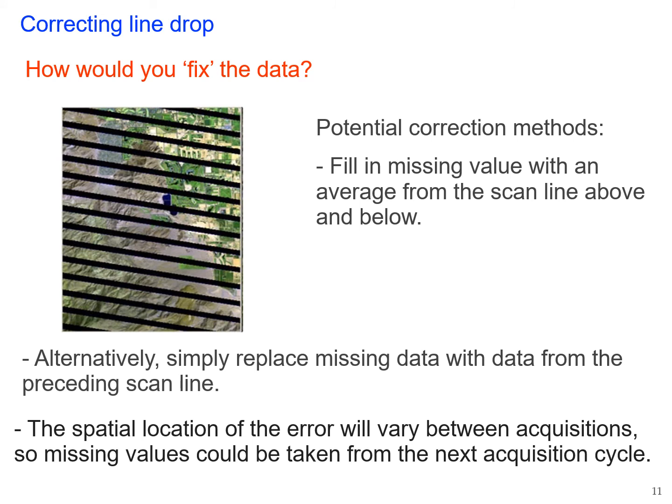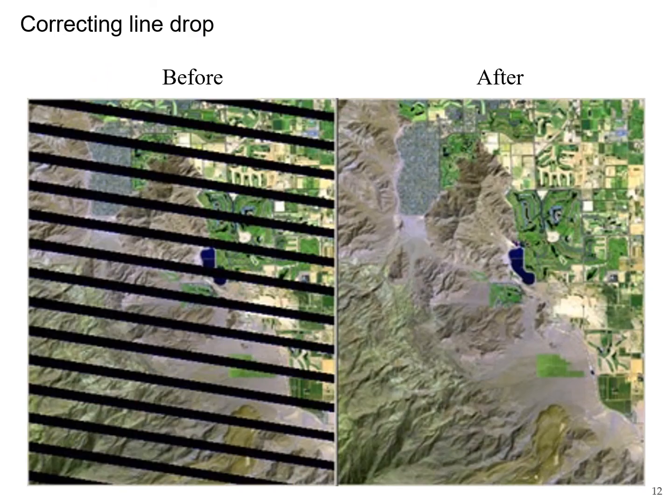Basically, we'll talk about compositing images together to get a single good image. With Landsat 7, you want to do what you can with the data, so there have been multiple attempts to come up with a decent data product.